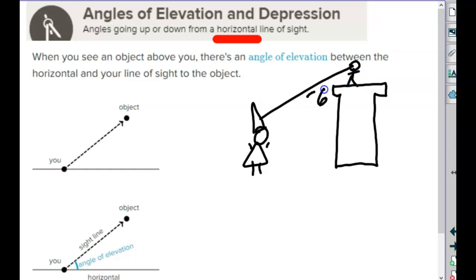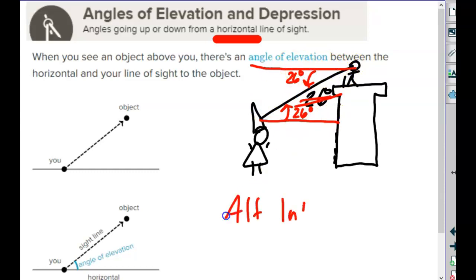And I have students do this. Is that how that works? It's always from the horizontal, so that's how far he has to look down, 26 degrees. Or how far she has to look up is 26 degrees, and those are equal because, do you remember this?